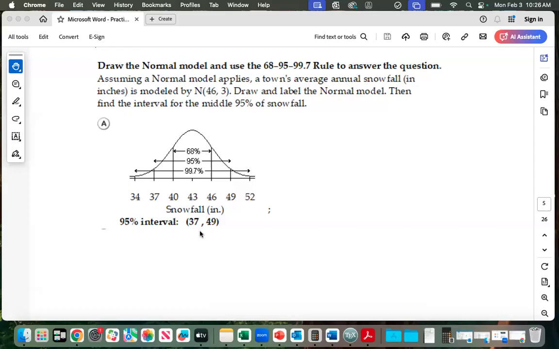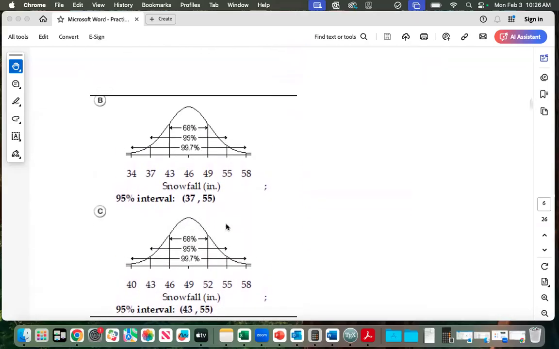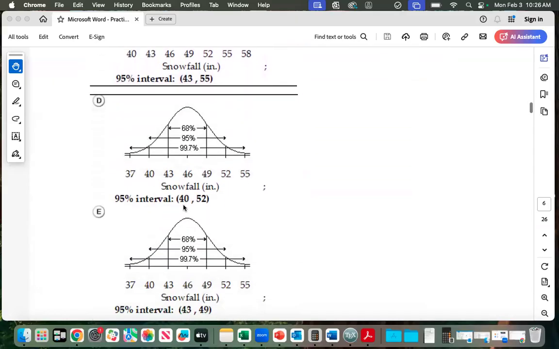So you can see the 95% interval. When we look through that, that answer should be what? B. Should be D, because we had 40 and then 52, isn't it? 40 and then 52. So then that is D.